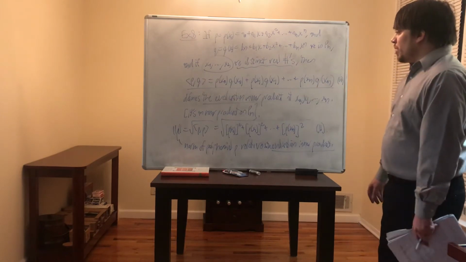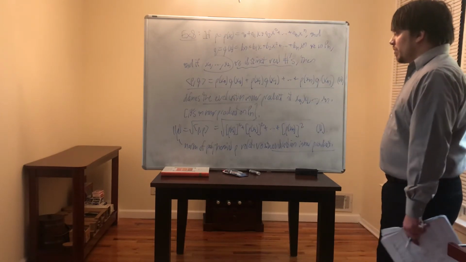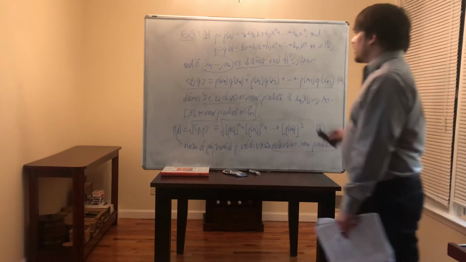So with this we have another inner product, and we have the norm relative to this new inner product. That's example 8.